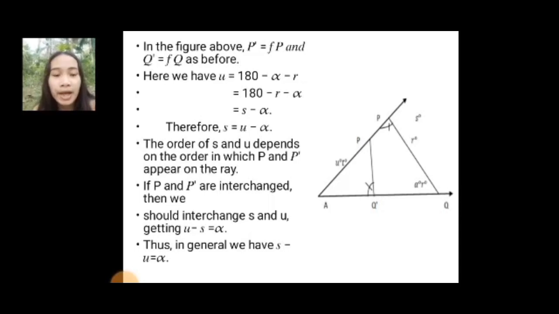If P and P prime are interchanged, then we should interchange S and U. So getting U minus S equals A. Thus, in general, we have the absolute value of S minus U equals A.